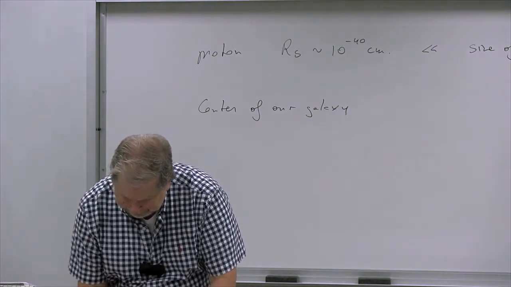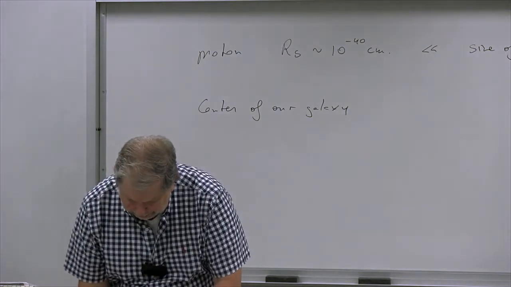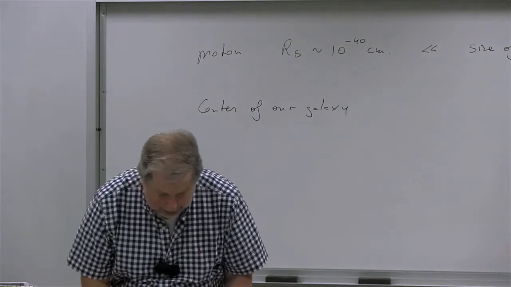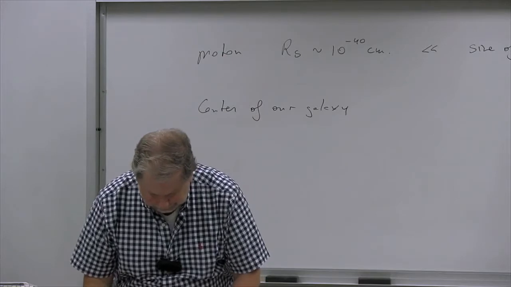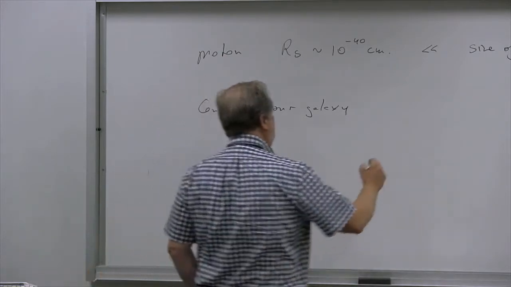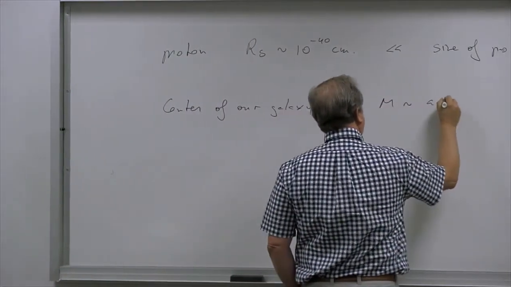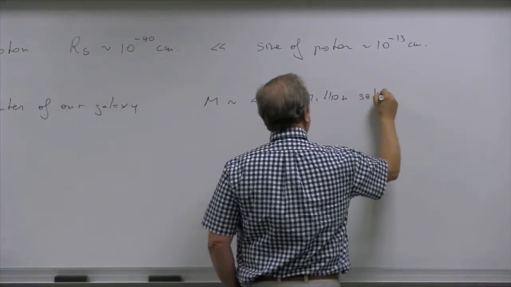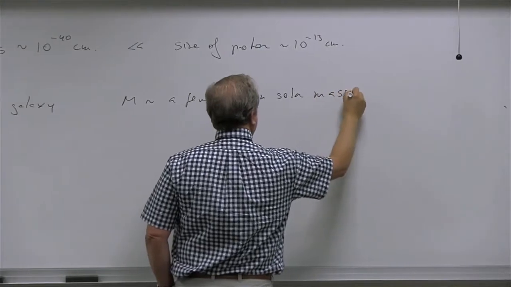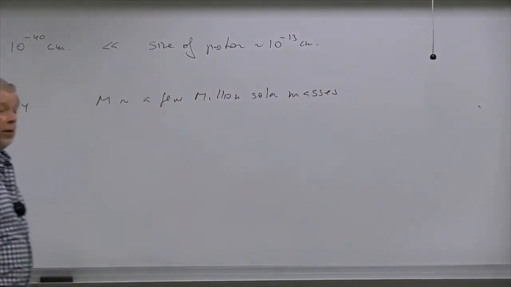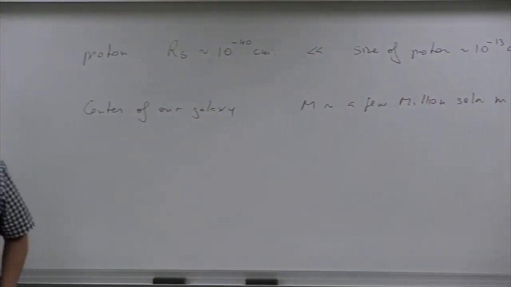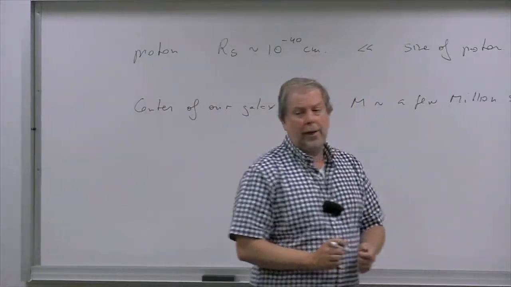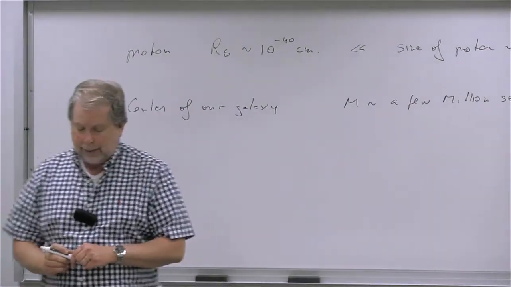And I believe it is of the order of a few million solar masses, right? So in the case of this object, then you have a Schwarzschild radius which is significantly larger than what you would have for a single star.